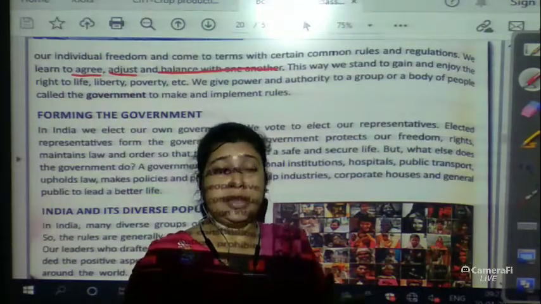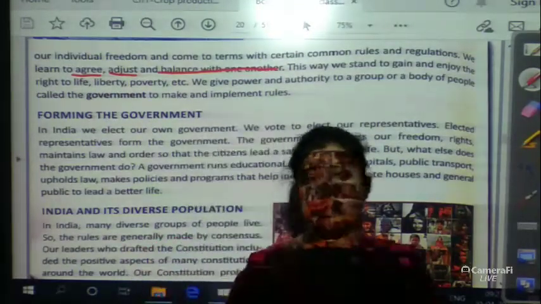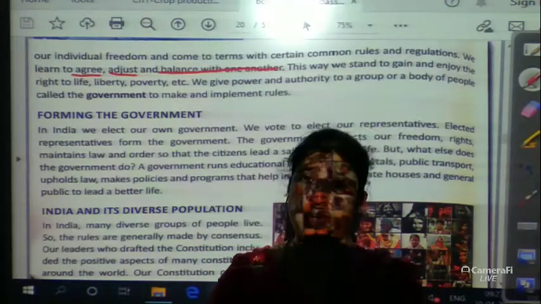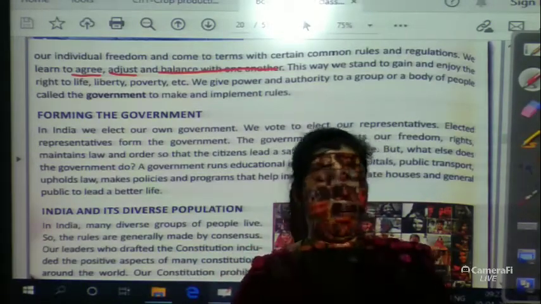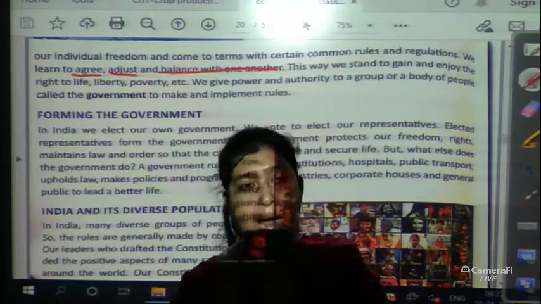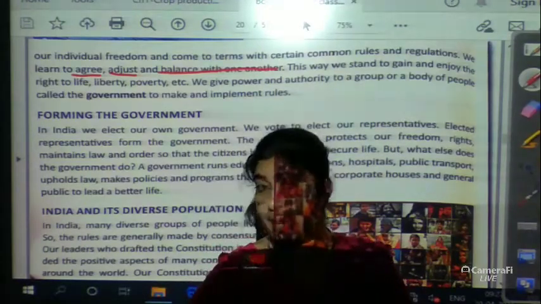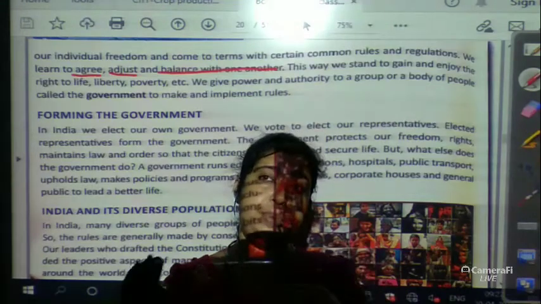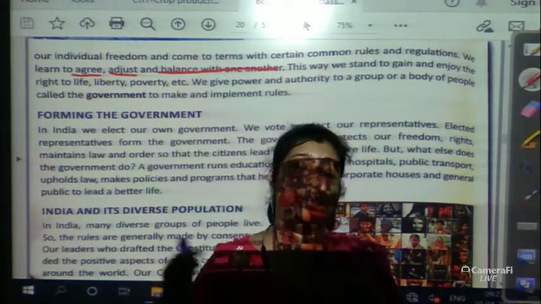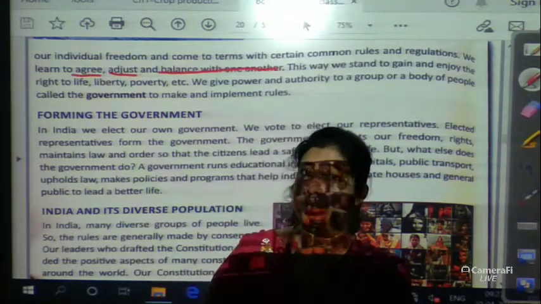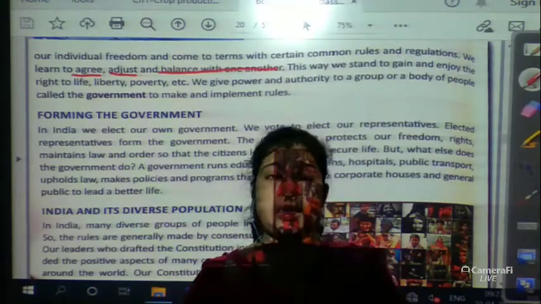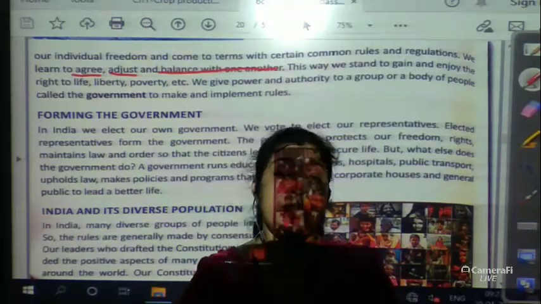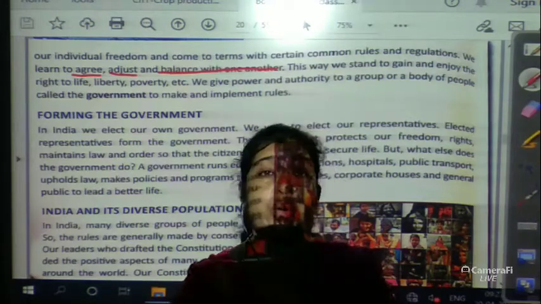Adjustment is a word very much used by all of us. Adjust means, suppose in a particular day all students come, say 45 students, but one student cannot be seated properly because there is no extra bench.